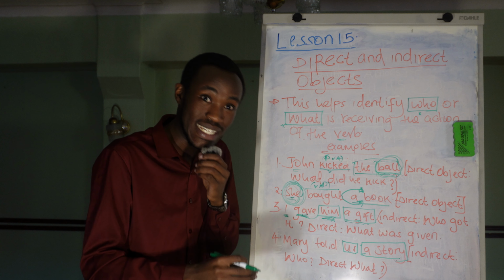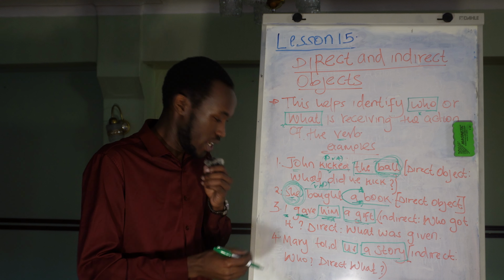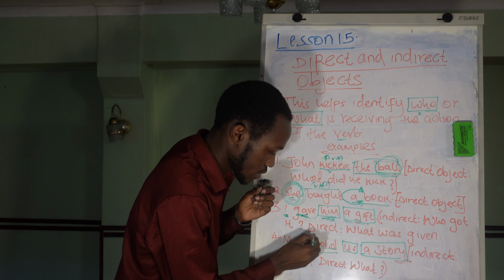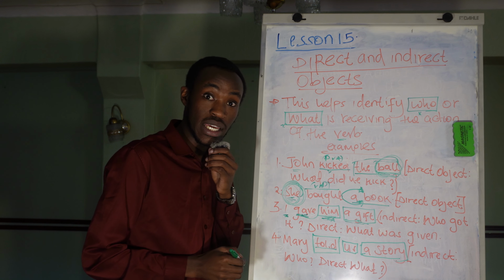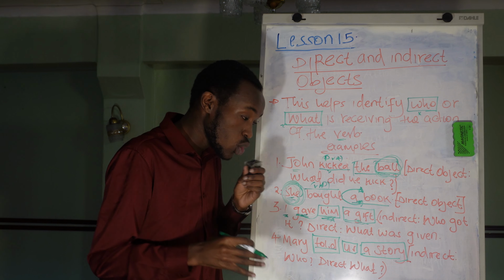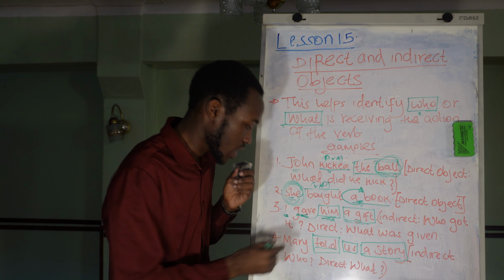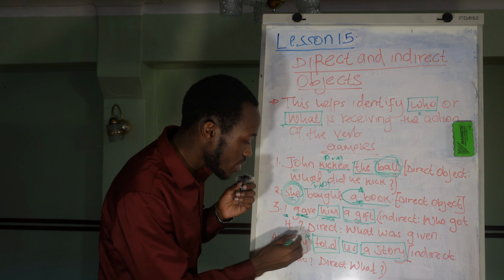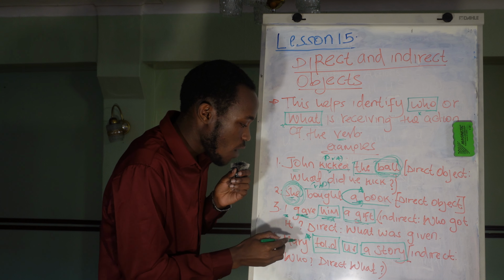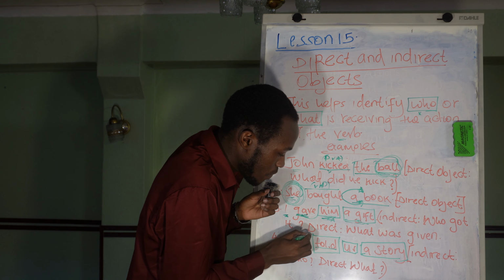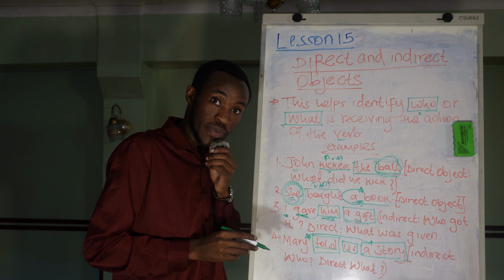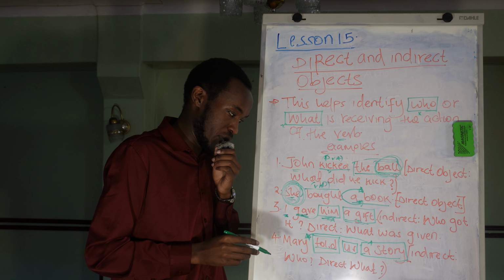Now, let me move to another example. Mary told us a story. Now, what is told? Told is the predicate. Told is the verb. Now, Mary told us a story. This means that this action that Mary has done affects directly the story. I don't know if you're getting my point.